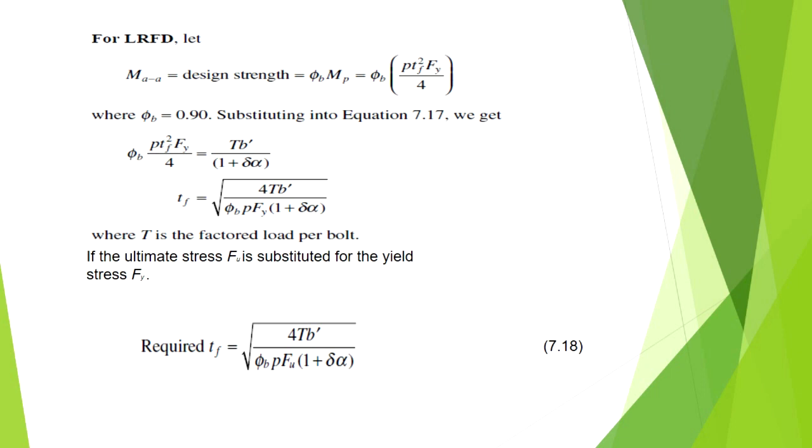If the ultimate stress F u is substituted for the yield stress F y, required t f is equal to the square root of 4 T B prime divided by phi sub b times p times F u times 1 plus elongation times alpha.